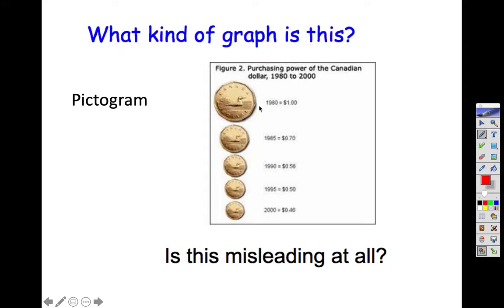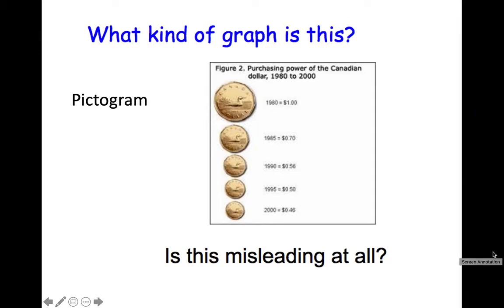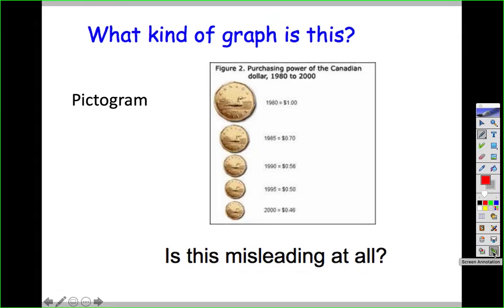What is a Canadian dollar worth compared to a US dollar? That's what this is saying. So it's saying in the year 1990, a Canadian dollar was worth $1 US. And in the year 2000, a Canadian dollar was only worth 46 cents US. And I want to lead you into this because I want you to think about what on this graph might be misleading.